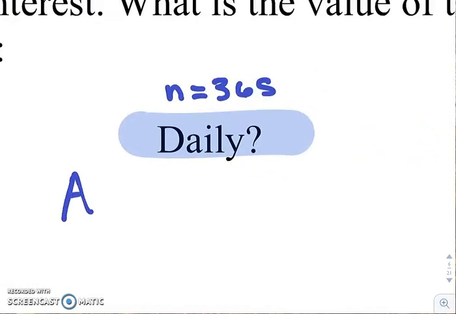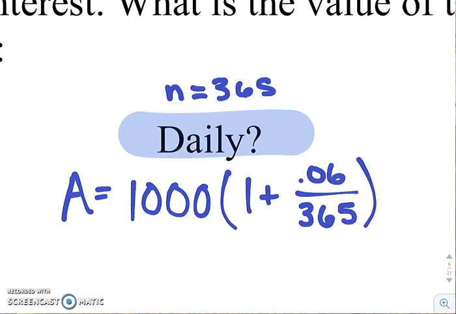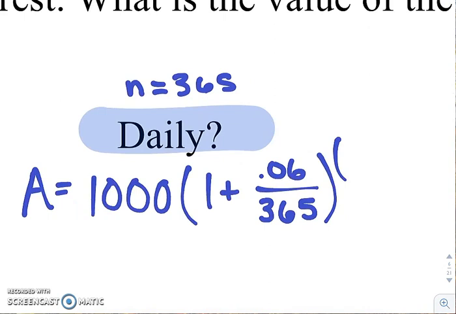So if we're trying to find how much she ends with, we're going to do A equals 1,000 times 1 plus, that's always in your equation, the rate, which is 0.06, over the number of times it's going to be compounded, which is 365, to the power of N times T. So 365 times 10.